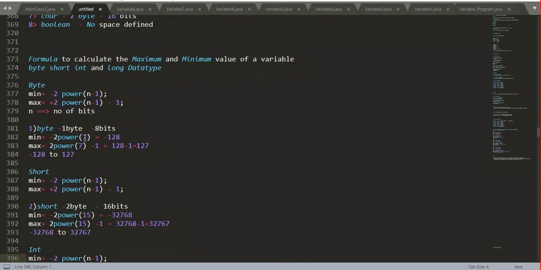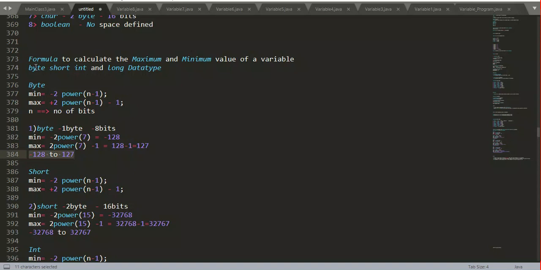So I can only consider 7 bits. For the maximum value, the formula is 2 power 7 minus 1. Here minus 128 is the answer, and here 127. So using a byte data type, I can store data from minus 128 to 127.